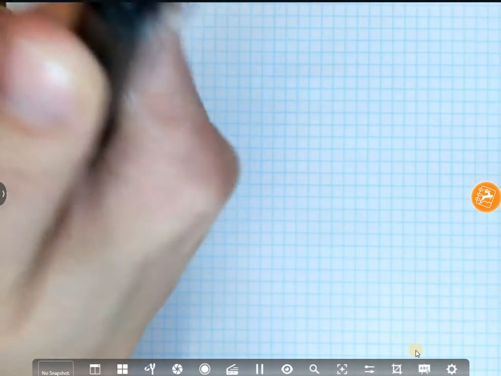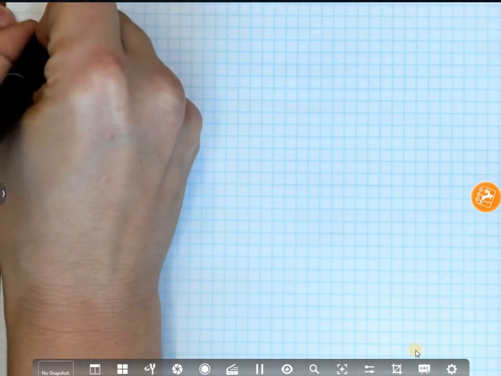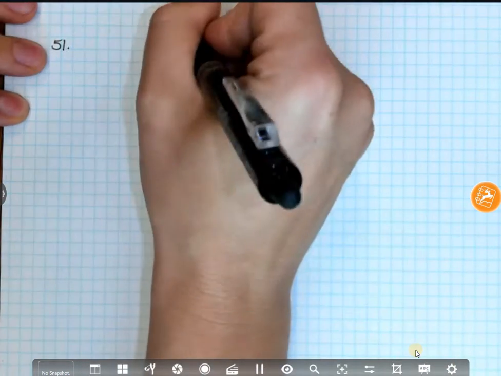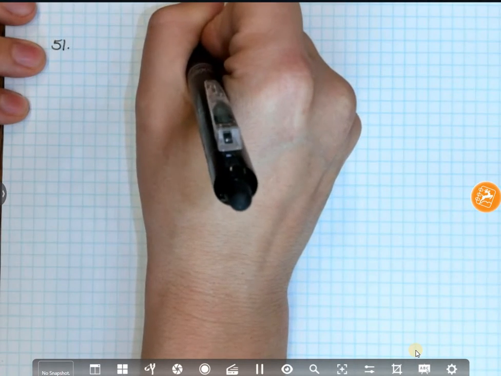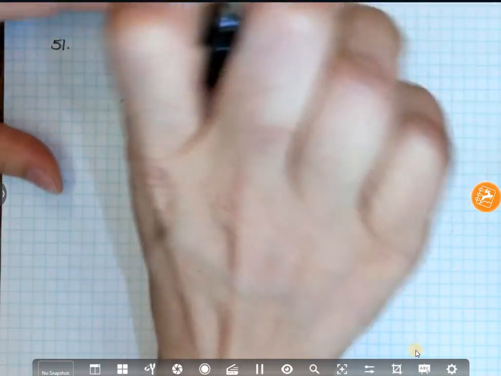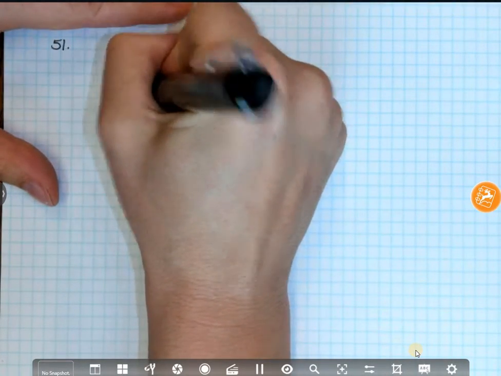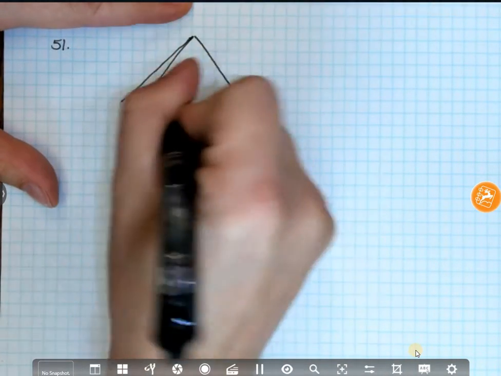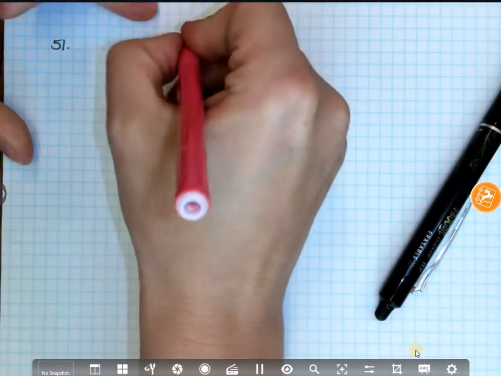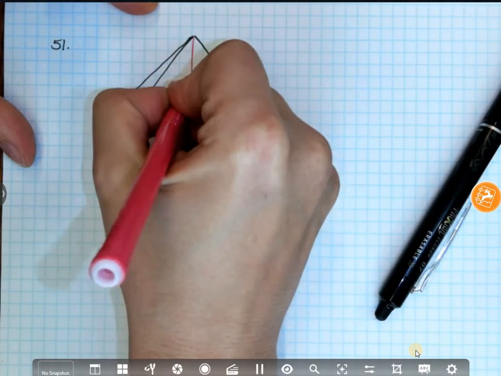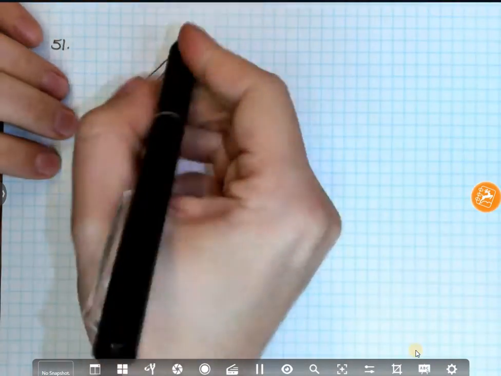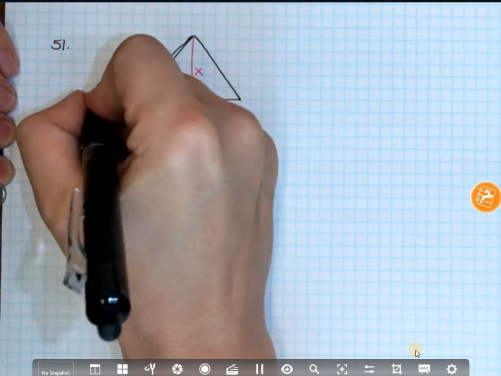51 gives us a situation that we see a lot in this class when we're talking about law of signs. And that is the fact that I have one angle. Let me draw it in. Here's our pyramid. The height of that pyramid is what I'm trying to find.